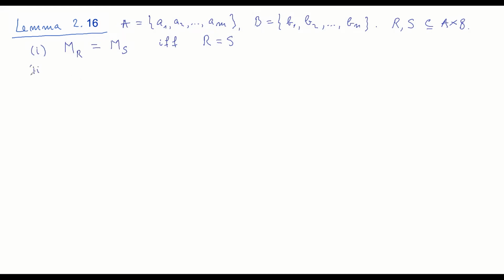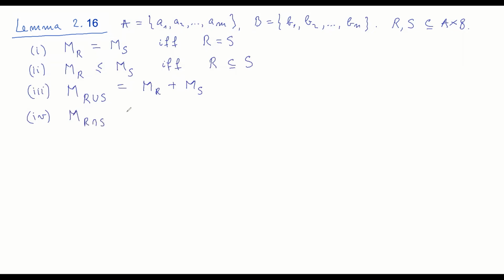Second point, remember in the previous lecture we have defined a partial order on Boolean matrices, and this property says MR is smaller than or equal to MS if and only if R is included into S. The third property says the matrix corresponding to the union of R and S is simply equal to MR plus MS. And the fourth property says the matrix corresponding to the intersection is the element-wise or Hadamard product between MR and MS.